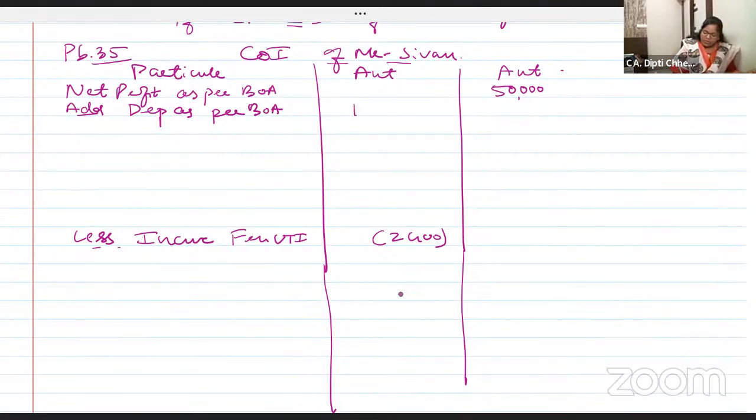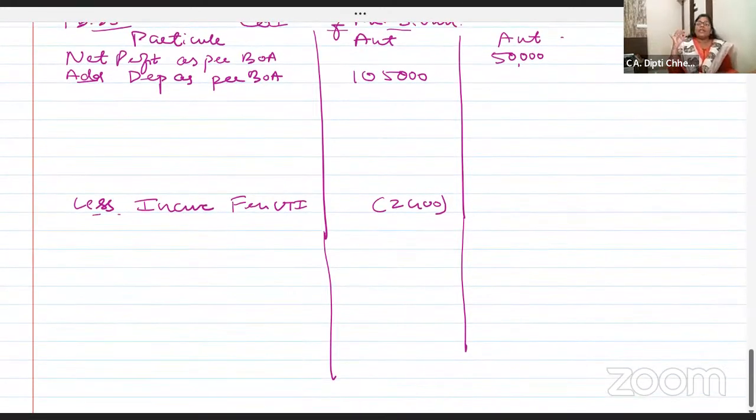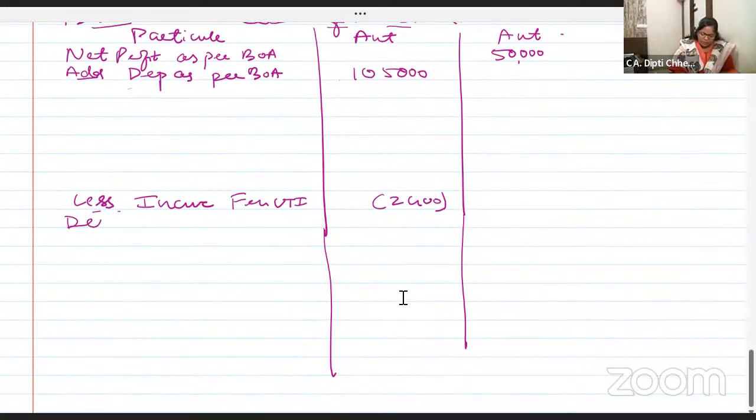How much? 1,05,000. This is as per the books of accounts, your accounting method, day wise you calculate depreciation. Even if you have sold the asset on 31st of January, you will charge the depreciation for 10 months, whereas the income tax block of assets says nothing in the year of sale. So add back depreciation as per books, and depreciation as per Income Tax Act we will calculate in working note 1.